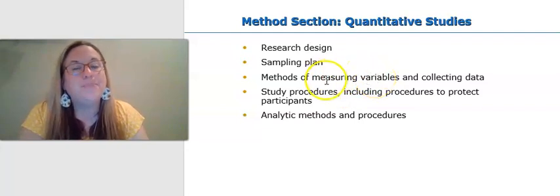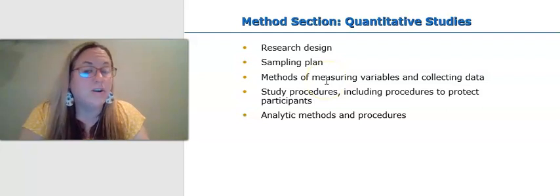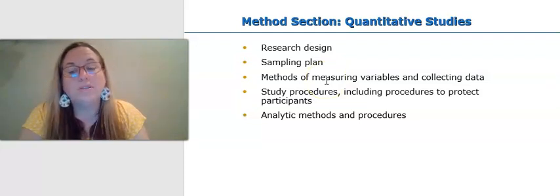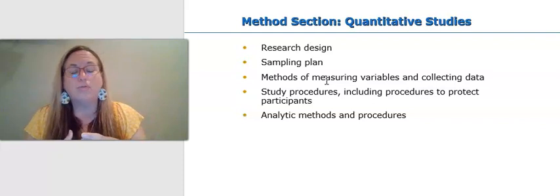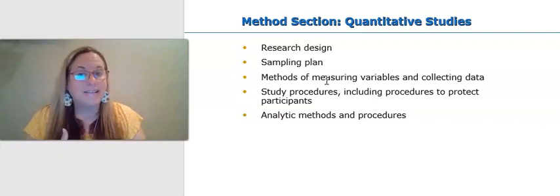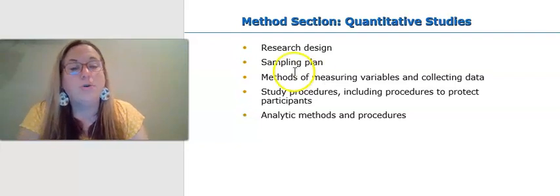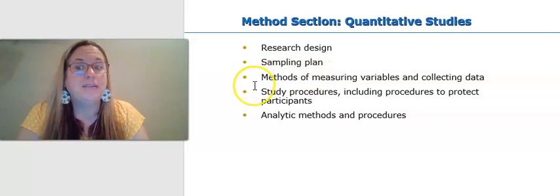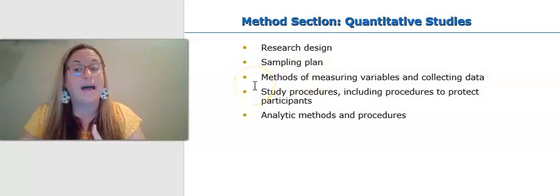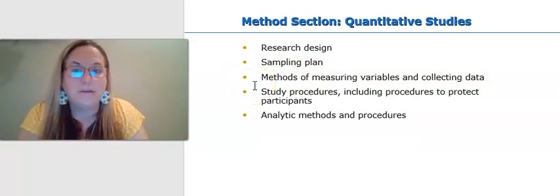So usually that's going to be questionnaires, surveys, or some kind of biophysiologic data like blood pressure or serum cortisol levels or your weight, body mass index, that kind of stuff. So they will walk you through how they actually collected the data and assured that the data collection instruments were reliable and valid. That should be in there as well.